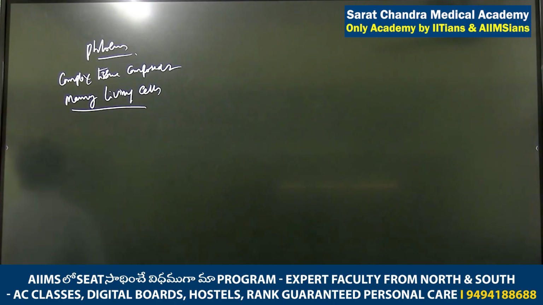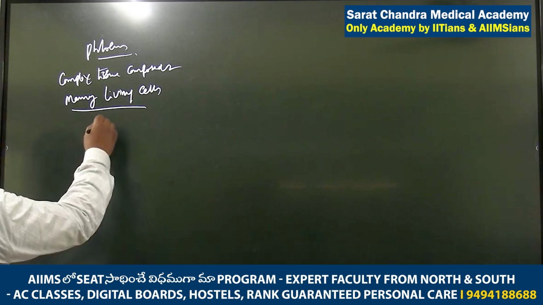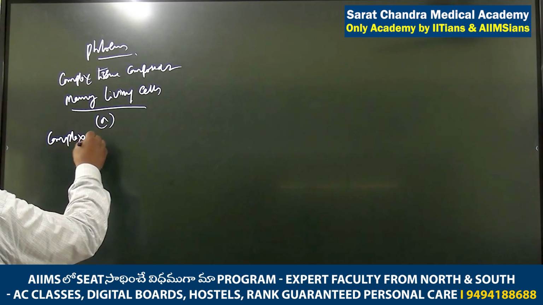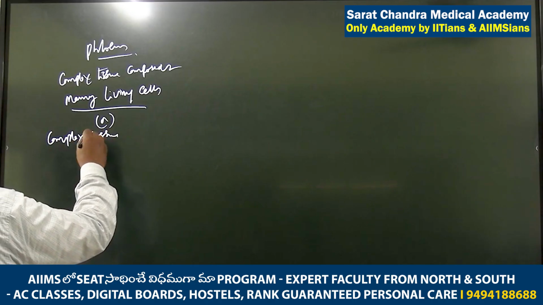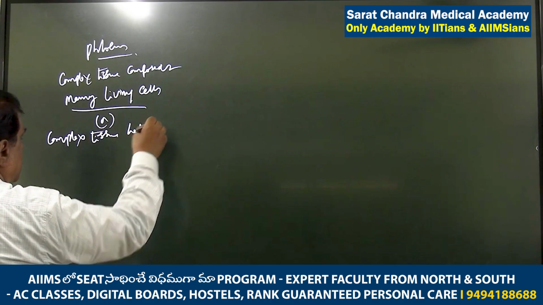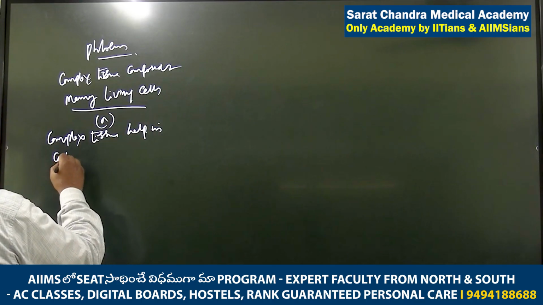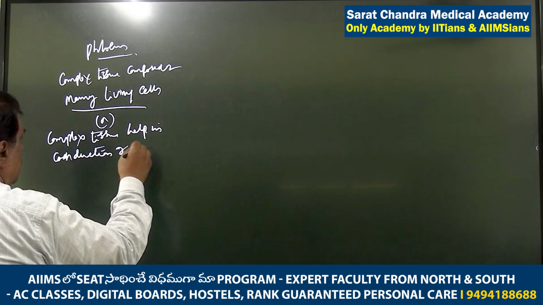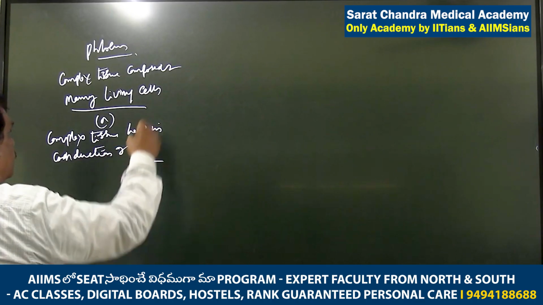A complex tissue composed of many living cells, that is nothing but phloem. What is another definition for phloem? A complex tissue that helps in conduction of food material is called phloem.